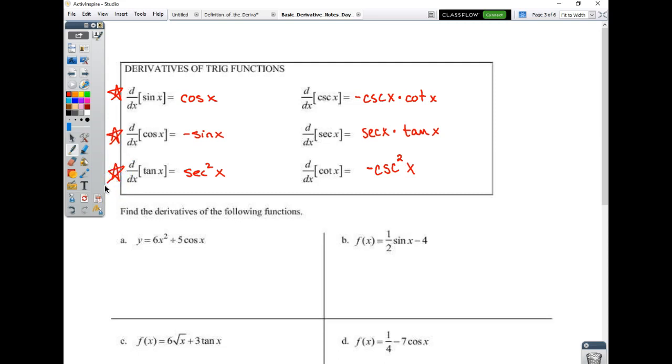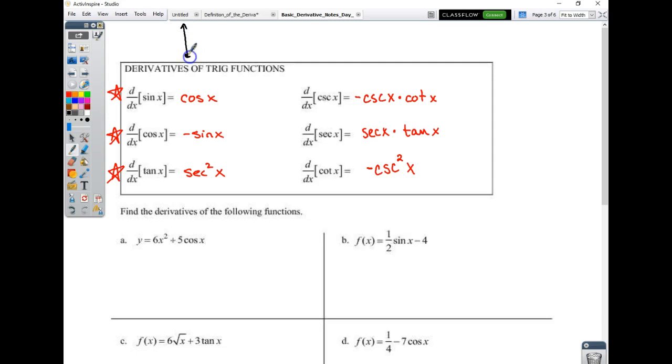The 3 on the left are the ones you're really going to want to know. Out of even those 3, sine and cosine are the biggest. Tangent, while important, we can actually derive. The problem is I can't teach you the tangent derivation until I teach you another rule. But hopefully I have enough time to go through all of this.